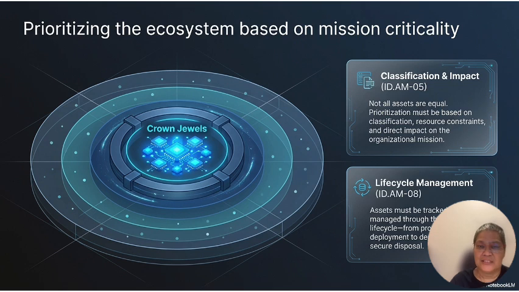Kasi when you do an inventory, there's going to be a lot of assets and a lot of information. So you cannot prioritize everything. So you have to prioritize based on criticality, right? So for your organization, it's important to what?